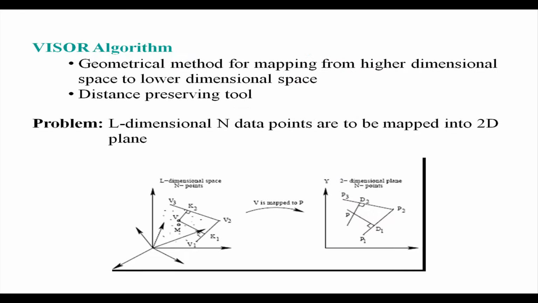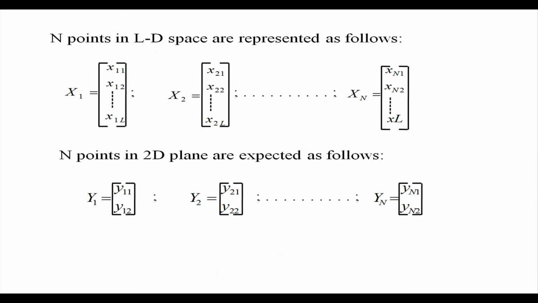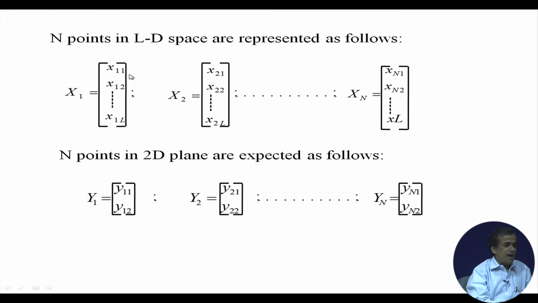To find the centroid M, you will have to concentrate here. Here you see, this is the first dimension of the first data point, x11, this is the first dimension of the second data point, x21, and this is the first dimension of the nth data point, that is xn1. So, what we do? We try to find the average or the mean of the first dimensional data, that is, the average of x11, x21, up to xn1.